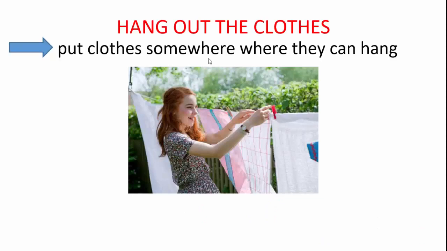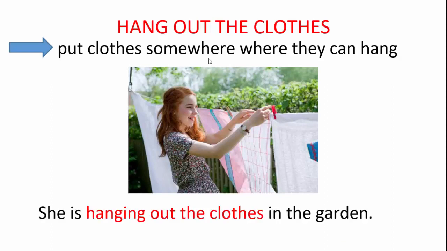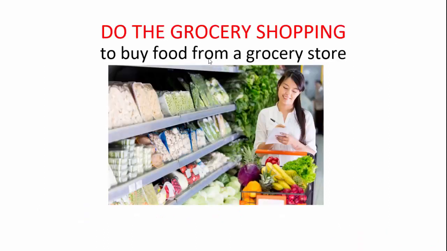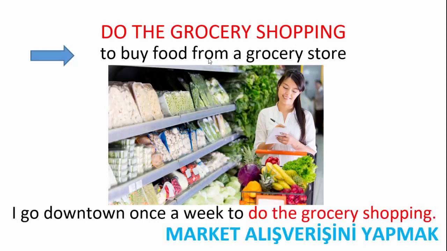It means put clothes somewhere where they can hang. An example, she is hanging out the clothes in the garden. Do the grocery shopping. It means to buy food from a grocery store. Let's see the example. I go downtown once a week to do the grocery shopping.